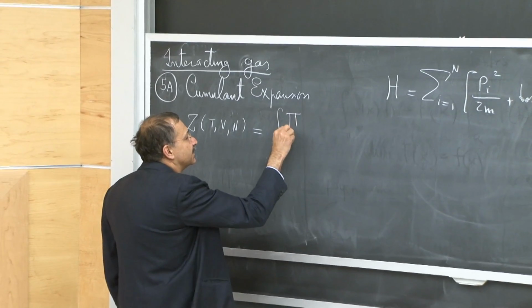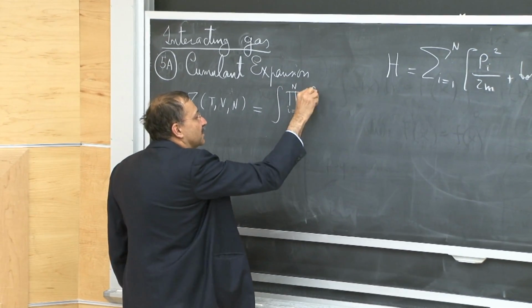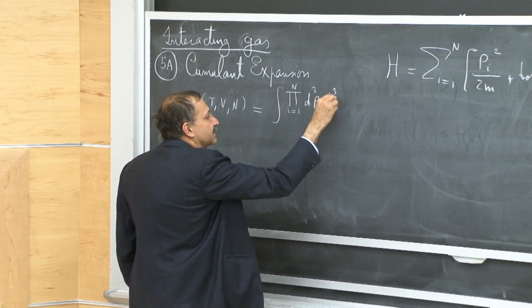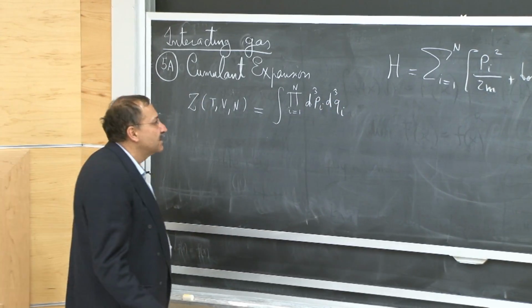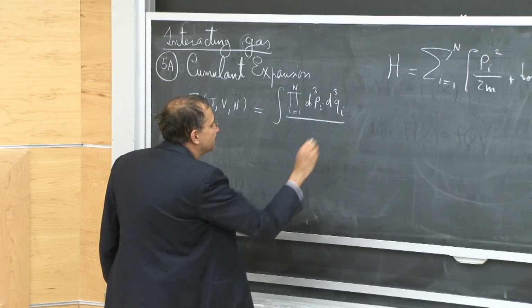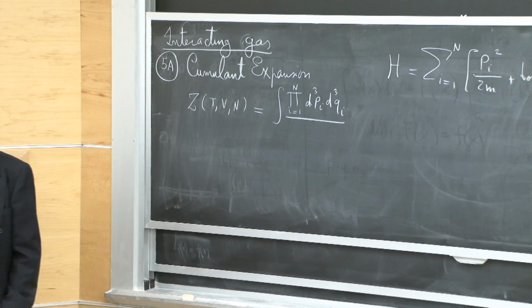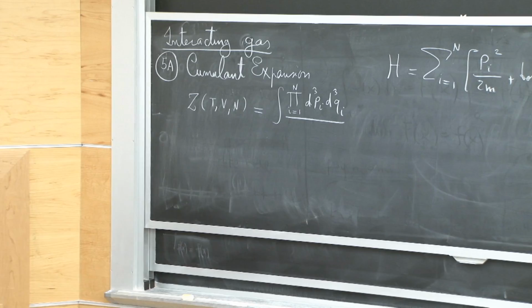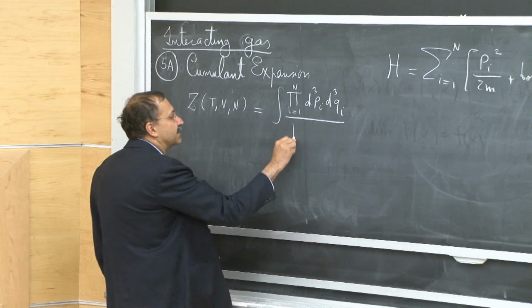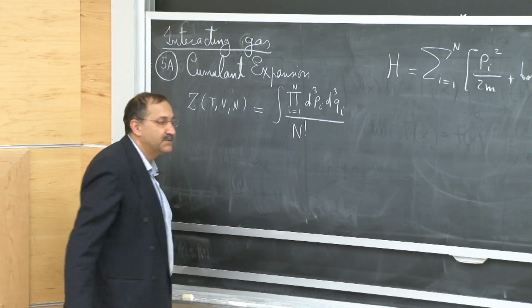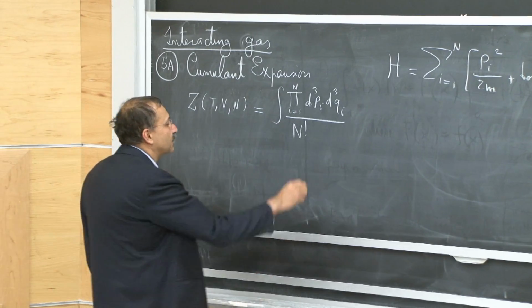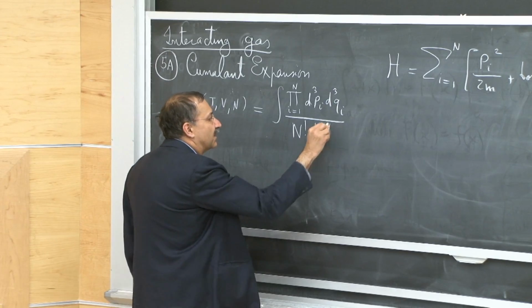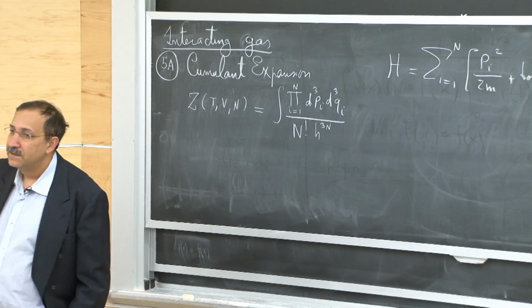So we have to integrate over all of the momenta and coordinates of e to the minus beta h. But we said that we are going to, first of all, note that for identical particles, we can tell apart the phase space if you were to make these n factorial permutations. And we also made it dimensionless by dividing by h to the 3n.